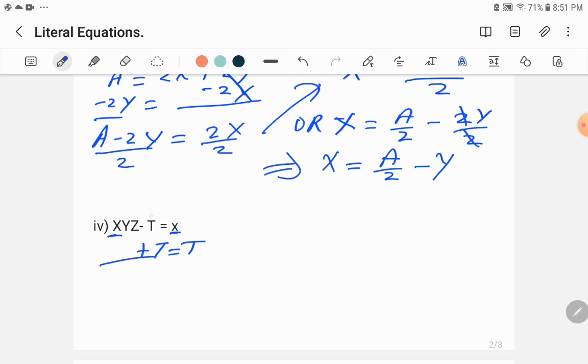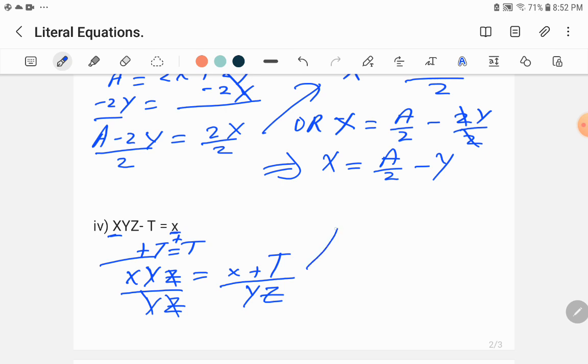So here the t's will cancel out, leaving xyz equal to lowercase x plus capital T. Now I want to solve for capital X. Now y and z are multiplying against capital X. So divide by both y and z. So y and z cancel, leaving X by itself.